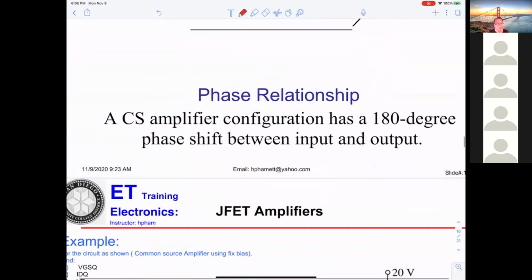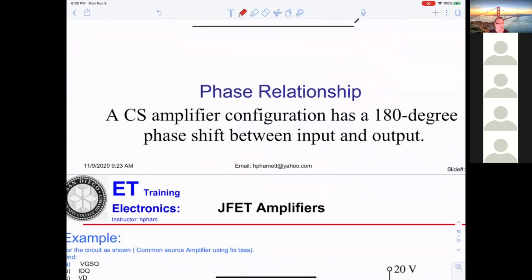They're just talking about the phase relation. The common source amplifier configuration has 180 degrees of phase shift between the input and output.